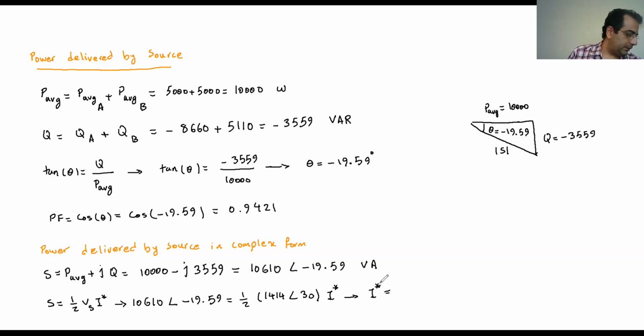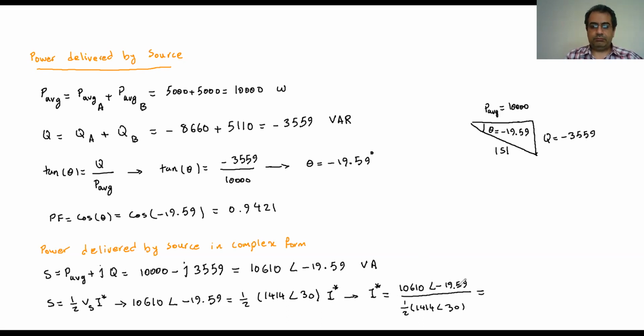Therefore, I star comes out as 10,610 angle of negative 19.59 divided by one half of 14 with angle of 30.